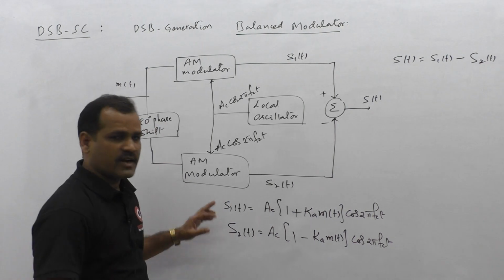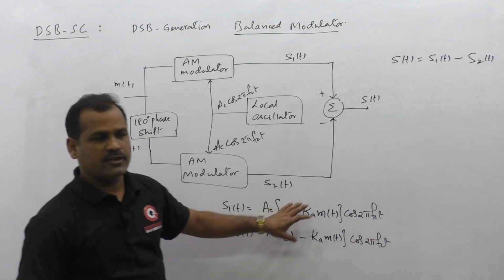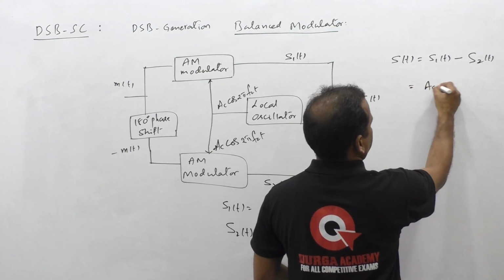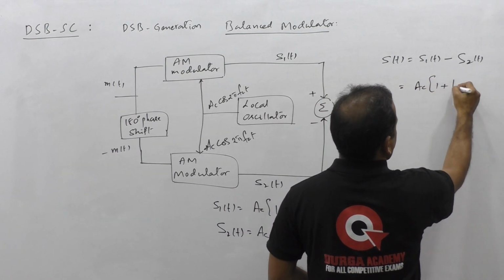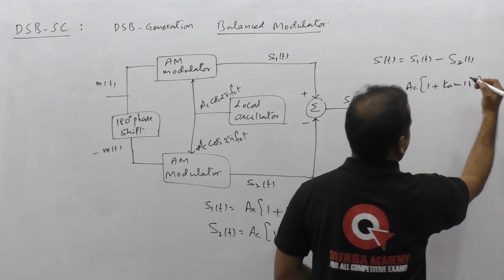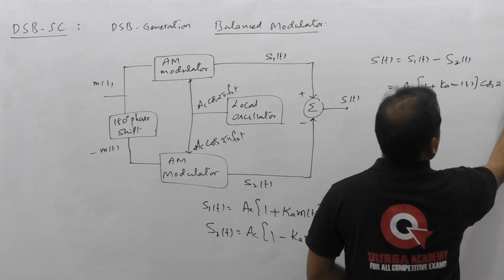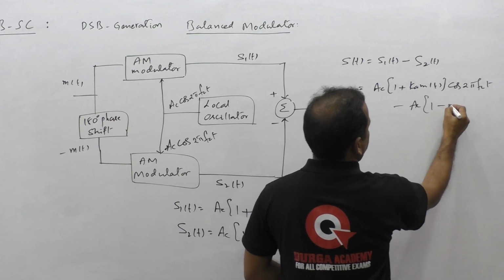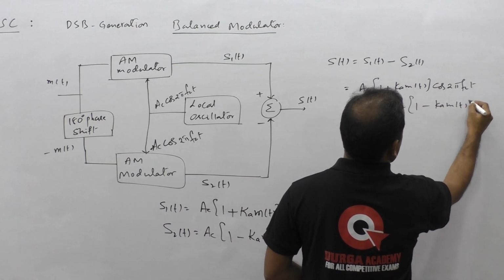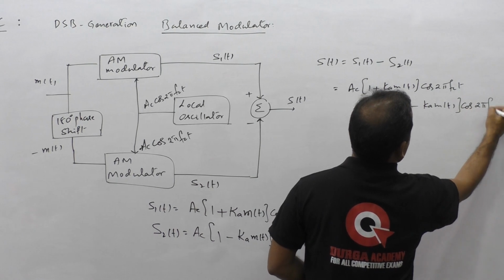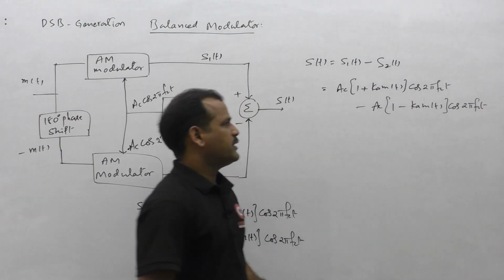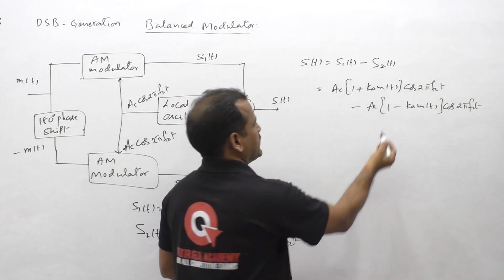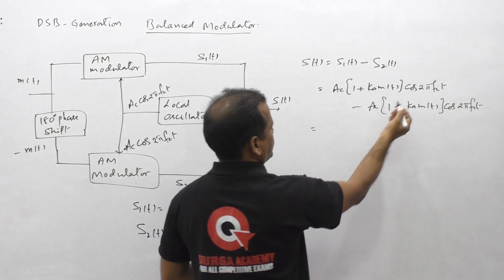Let us consider S1 and S2 equations and substitute these two in this equation. S of t is equal to S1 of t, which is AC into 1 plus Ka m of t cos 2 pi FCT. Second, it is minus of AC into 1 minus Ka m of t cos 2 pi FCT. Observe, we have two AM signals in this equation. Let us multiply both carrier signals inside and then simplify this.